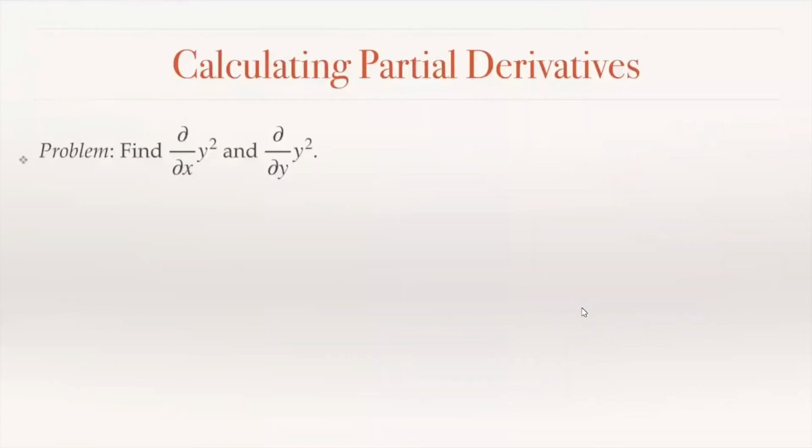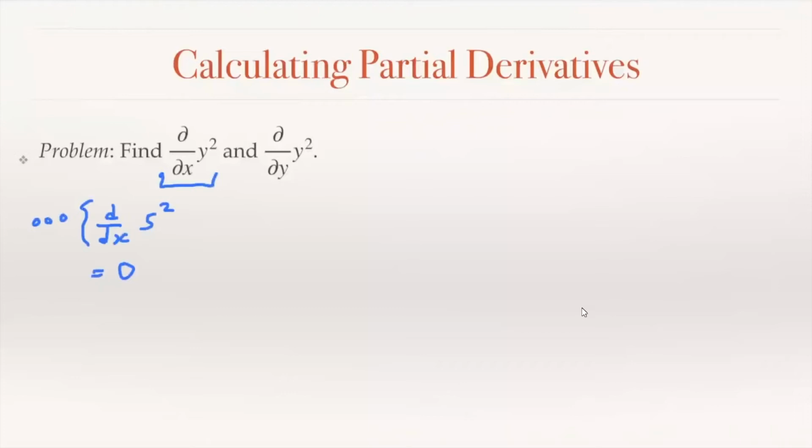So once again, I encourage you to pause the video and try to find both of these. Okay, so this first guy, we're taking del x. So we think of it like d dx of 5 squared, making y constant, and that would be 0.